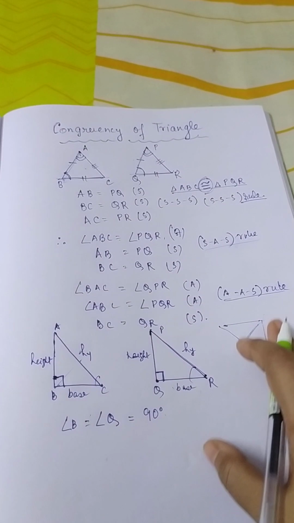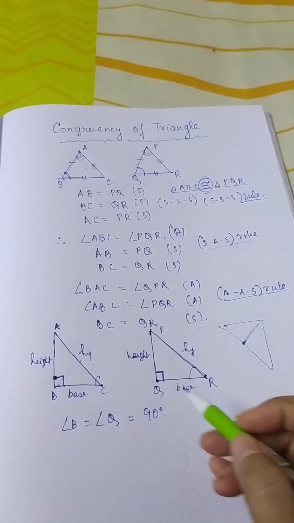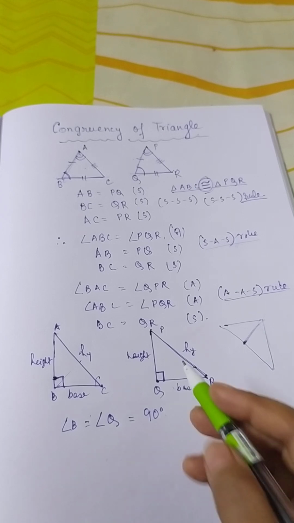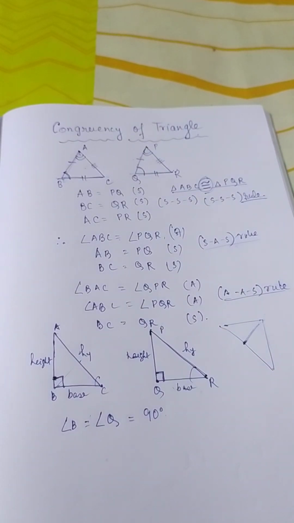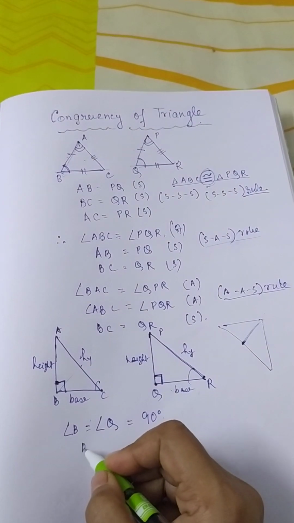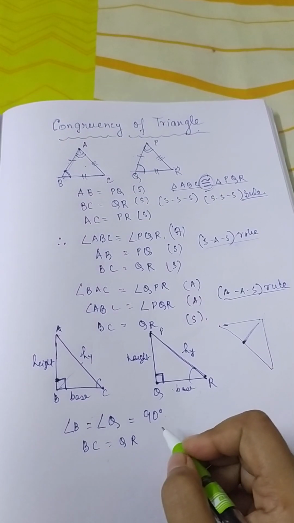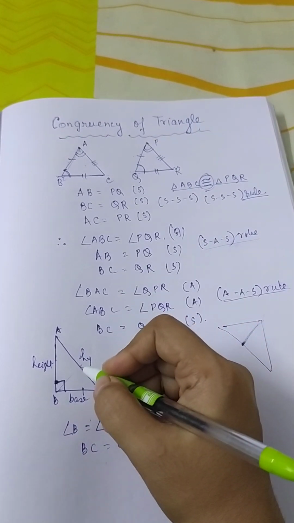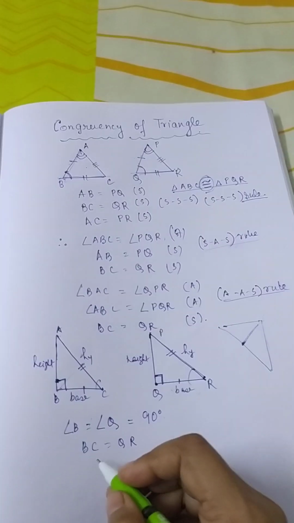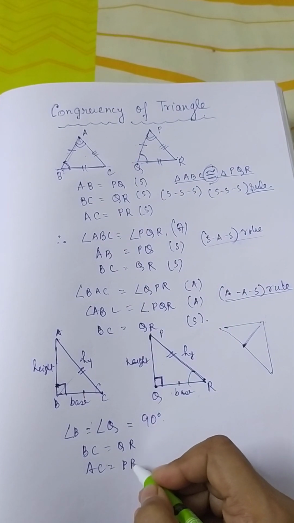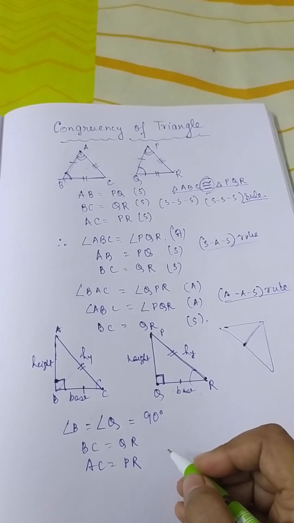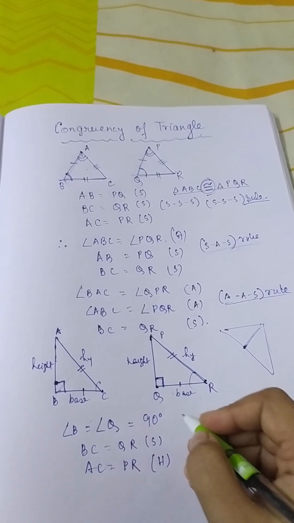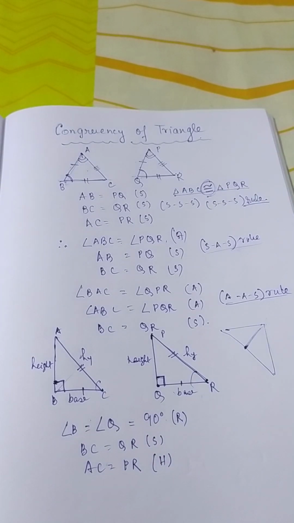But just to tell you, in a right angle triangle, whenever we have to find out the congruency, the angle is one very common thing, which is 90 degrees, and suppose BC is equal to QR, and the two hypotenuses, this and this, that means AC is equal to PR. So these are the hypotenuses, this is the side and this is the right angle.